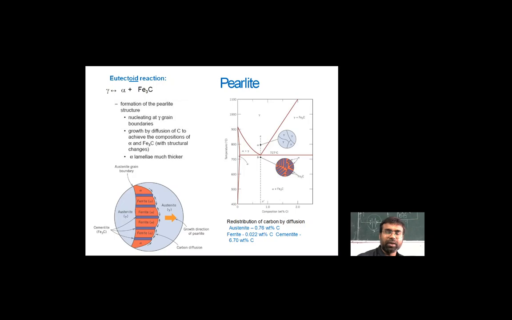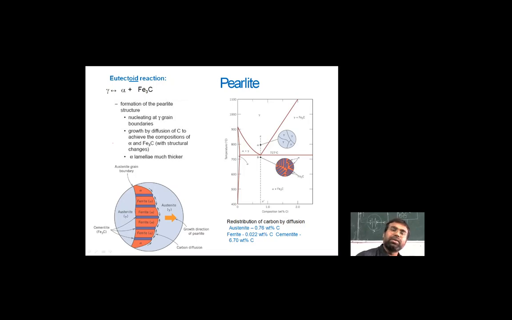These are the eutectic, eutectoid, and peritectic reactions.